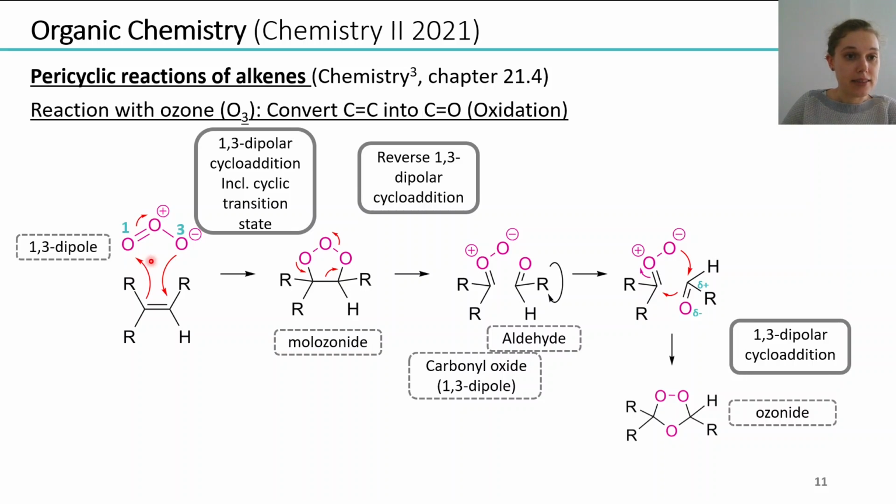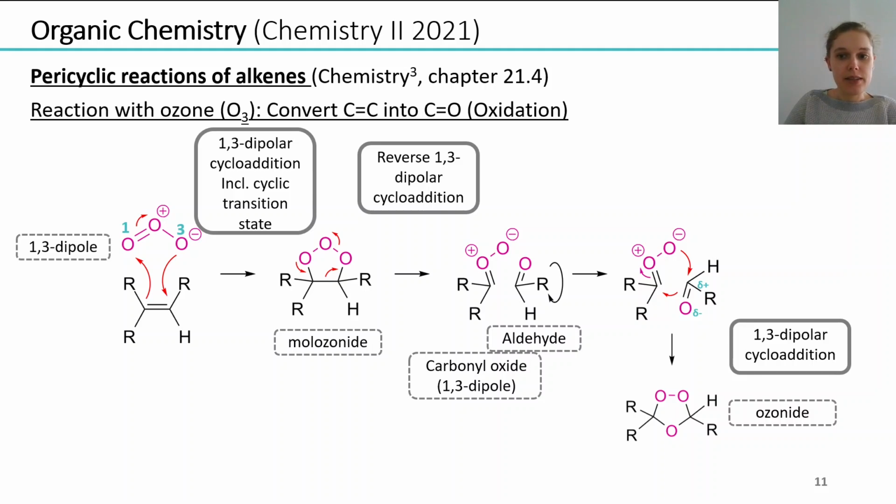Then at the same time, the electron pair of this oxygen-oxygen double bond will move towards the positively charged oxygen, and then the negatively charged oxygen will give an electron pair towards this carbon atom in order to form a new oxygen-carbon bond. And all these steps happen at the same time.